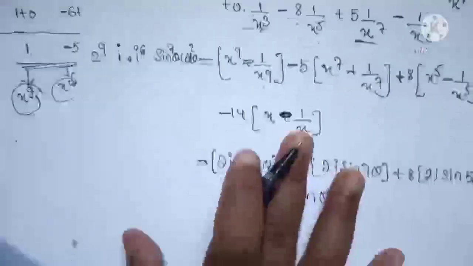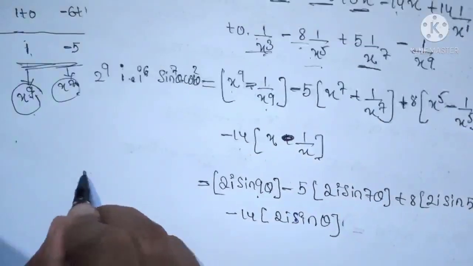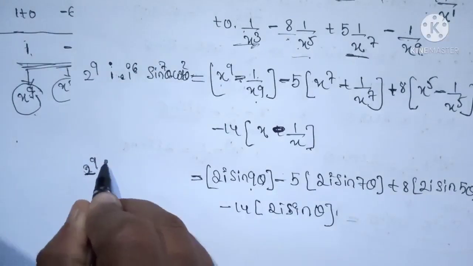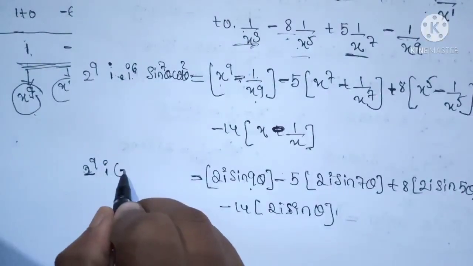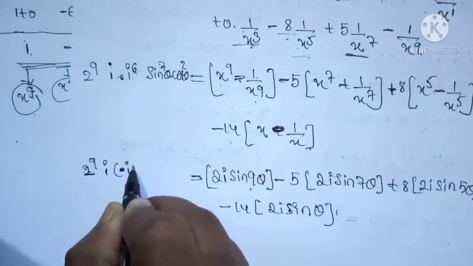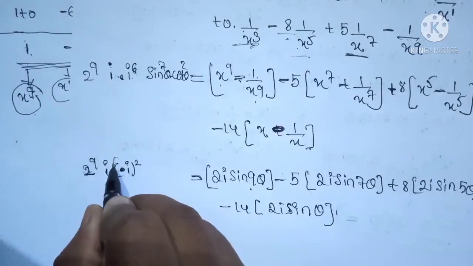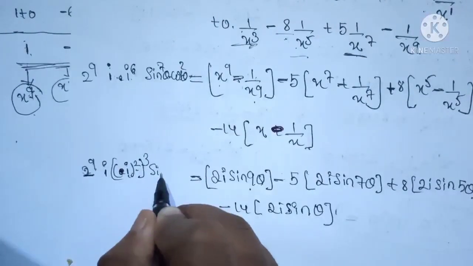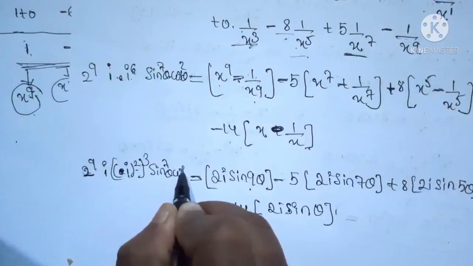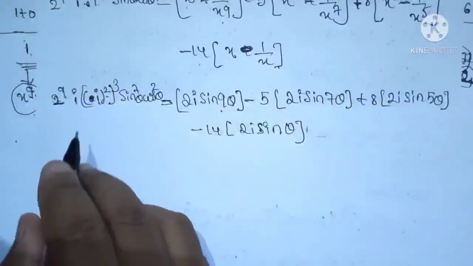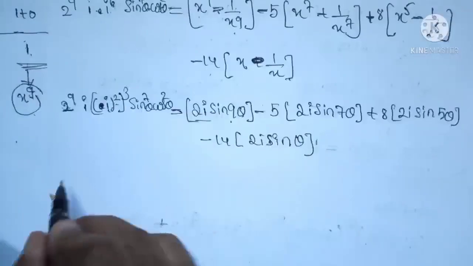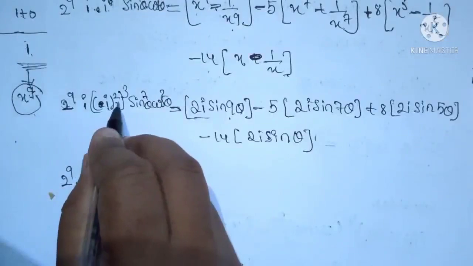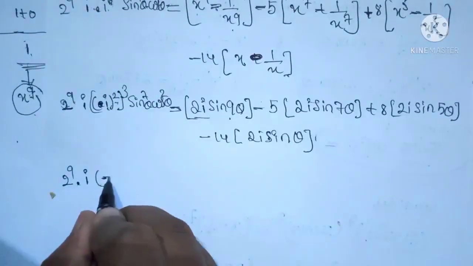Okay, so in the next step we write 2^9, this i^6 can be written as (i^2)^3. i^2 value is minus 1. Okay, so sin^7 theta into cos^2 theta. So then here we can take 2 common, that is 2^9 into i^2 value minus 1, so we get minus 1 here.